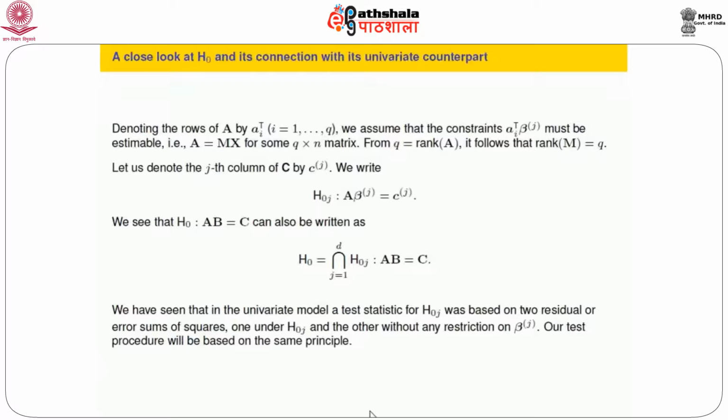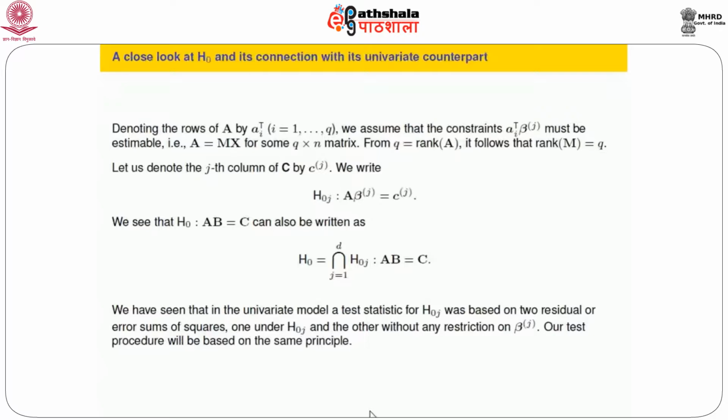Now why is this being done at all? Let us remember that in the case of the univariate linear model, we have seen how to test this hypothesis. Basically, you assume that this is estimable first of all, then you estimate beta j by the least square estimate, and then you look at A post multiplied by the corresponding least square estimate of beta j. From that you subtract Cj, and you do the standard analysis where you also have to use the estimate of the dispersion, the mean square error of this.